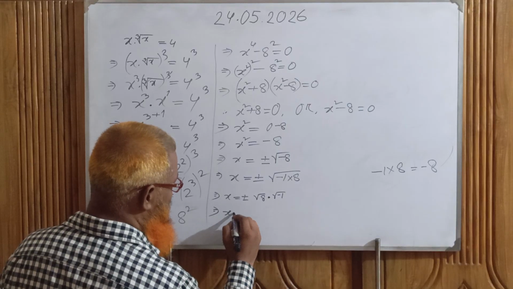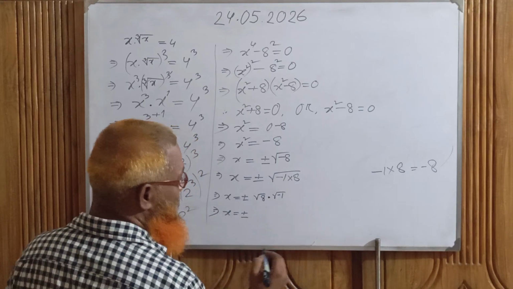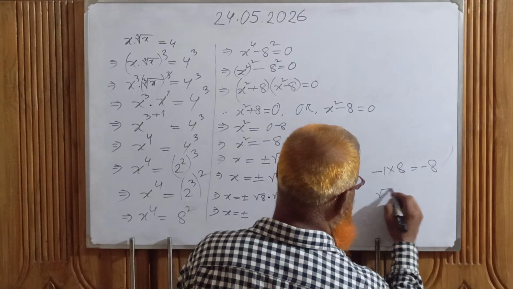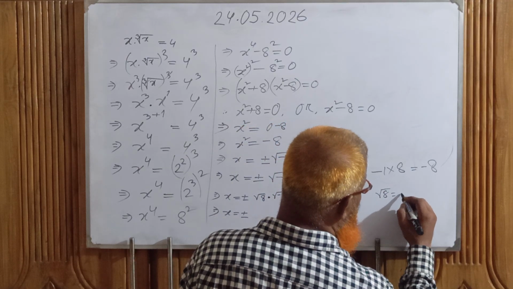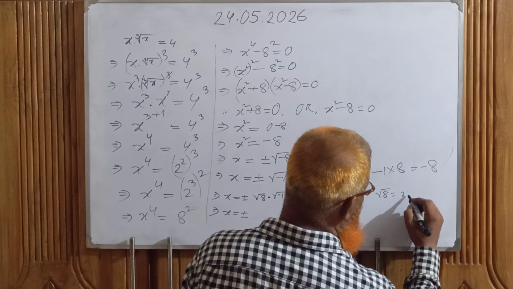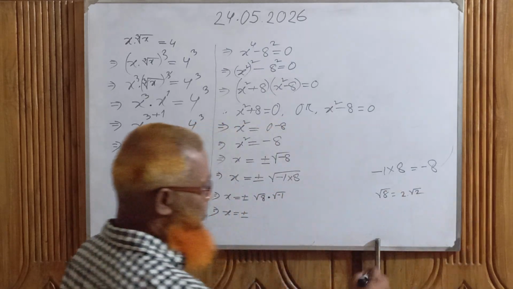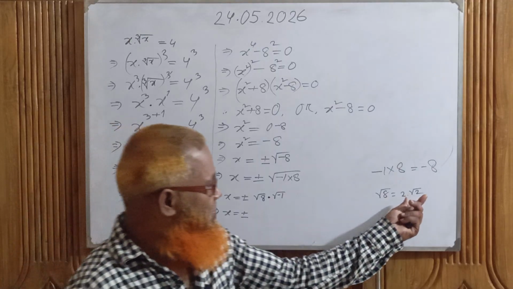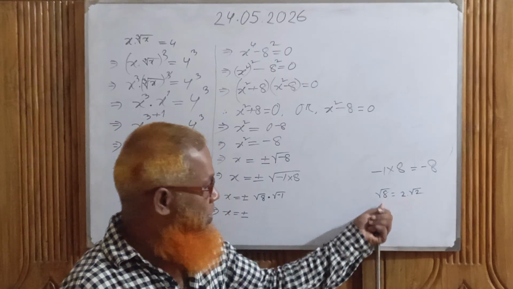And x equals plus or minus root of 8, which equals 2 root 2, that is 2 into root 2 equal to 8.